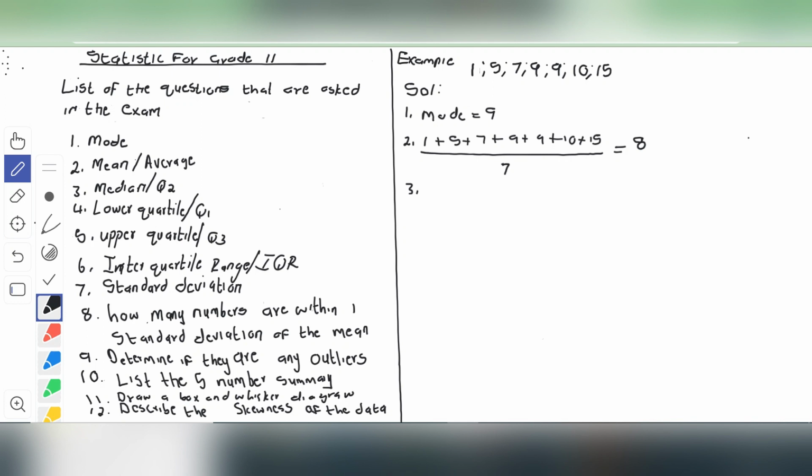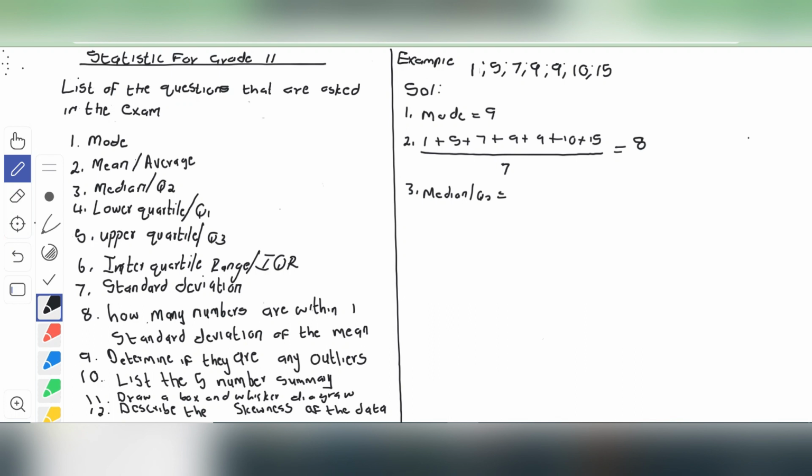How do we calculate the median? Like I said, the first thing is to arrange your data set in ascending order before you can choose your median. But there is a formula which we use to calculate the median, which is also known as Q2.